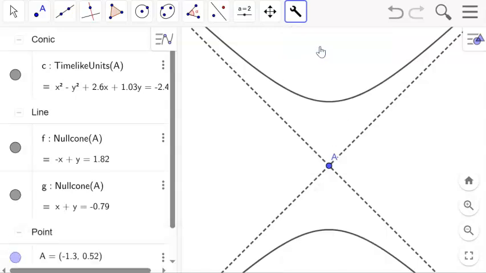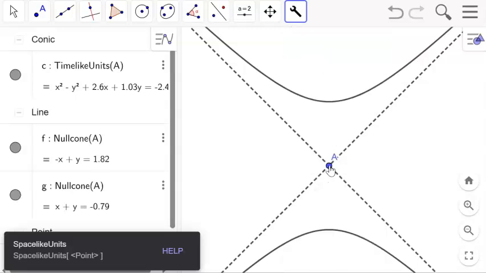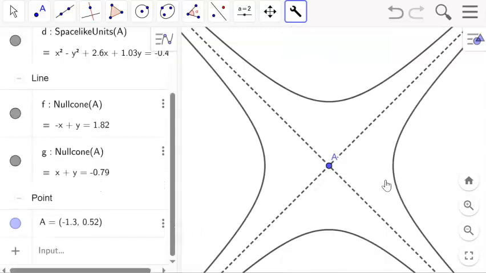Space-like units. These are going to be events that are 1 unit of distance, and of course we're using units where the speed of light is 1. I should have said that already. These are going to be everything that A considers to be 1 unit of distance away.